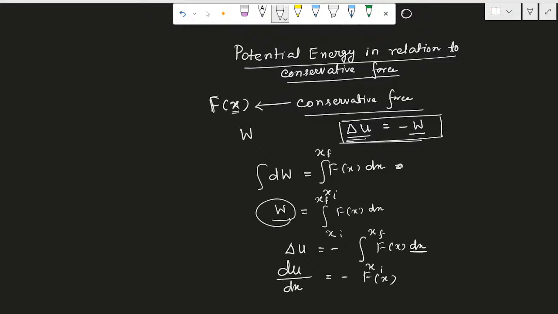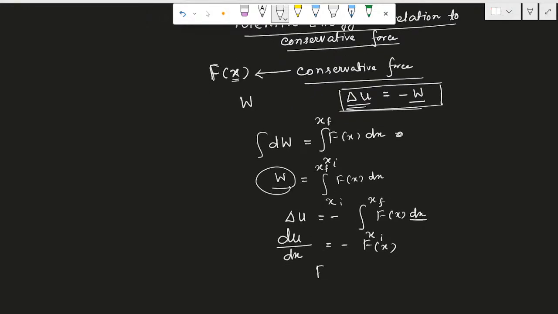Therefore, this f of x, that is the conservative force, is equal to minus dU by dx, because if you multiply both sides with a negative sign, it will be minus dU by dx. Here, this capital U, uppercase, is also a function of x.